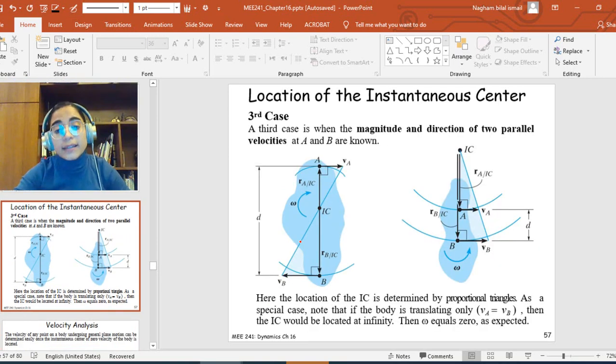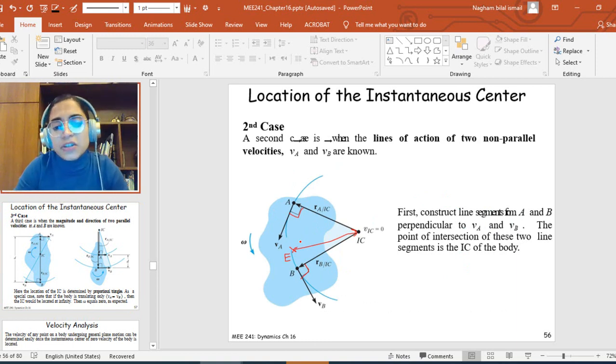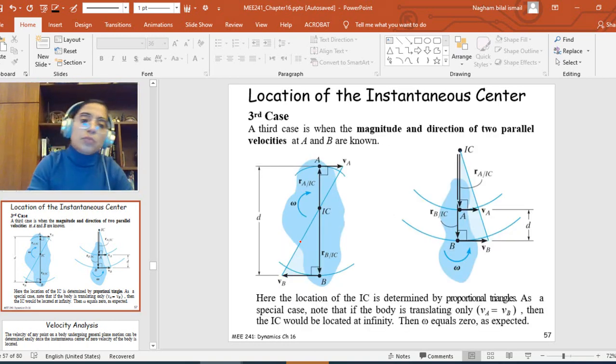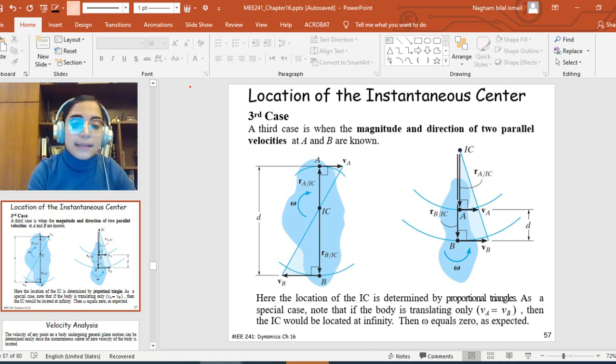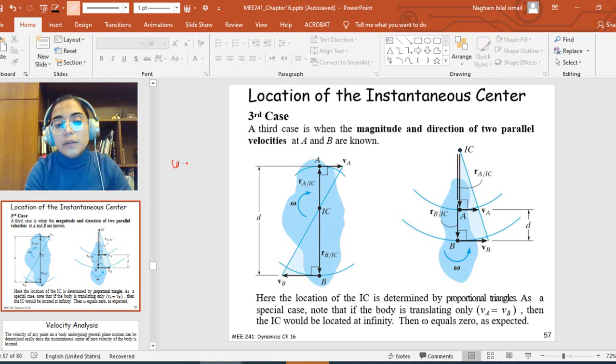Then in the third case, what if I don't have an intersection between VA and VB? What does this mean? What if VA and VB are parallel? If I don't have any intersection between VA and VB, I can also locate IC. Why? Because I know, in fact, that omega AB is equal to what? It's equal to VA over ICA, and it's at the same time equal to VB over ICB.